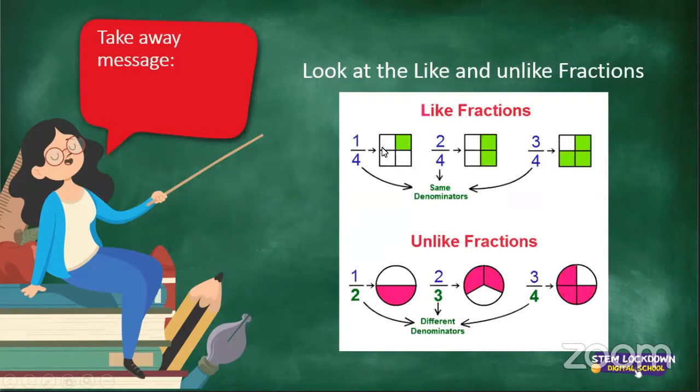We have 3 white and 1 green. We have a total of 4 blocks, and that is the denominator, and the 1 colored green block is the numerator. So we have 1 over 4. Out of the 4 blocks, we have 1 green.